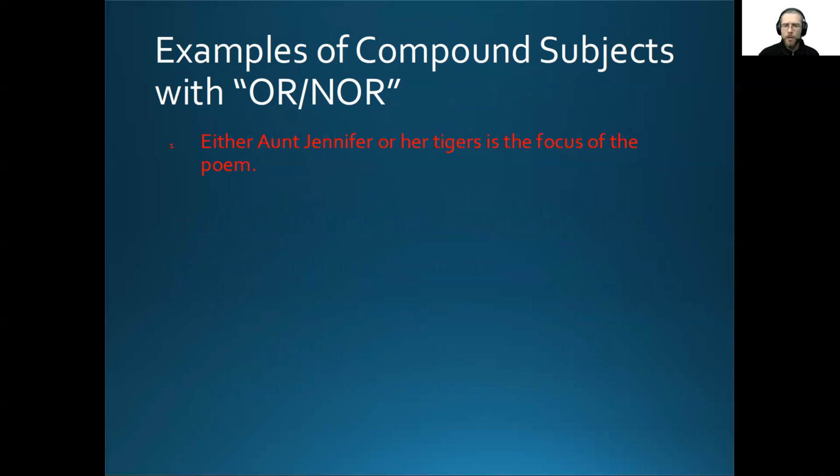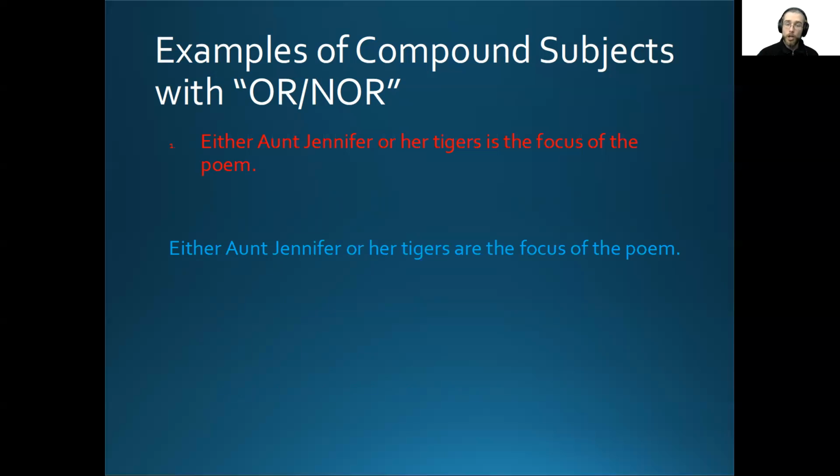Either Aunt Jennifer or her tigers is the focus of the poem. Now, this sentence is incorrect. Either Aunt Jennifer or her tigers are the focus of the poem would be correct.